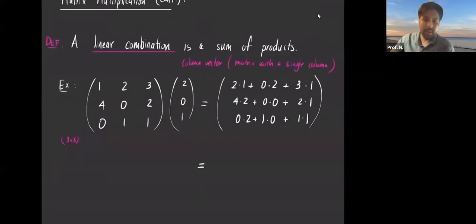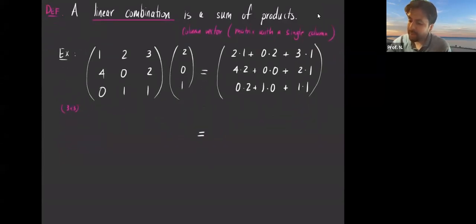Now, we can do this and we get an answer at the end. But I just want to stress the fact that if you recognize, we can separate these things, right? We can separate this as 2 times 1, 4 times 2. I'm just going to write this as 2 in the front. 2 times 4, 2 times 0, right?